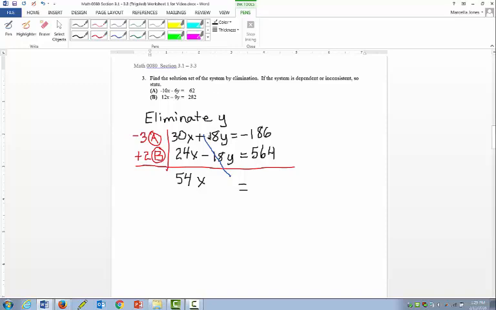And that result is 378. And I will now be able to complete the problem by dividing the left side by 54 and the right side by 54.